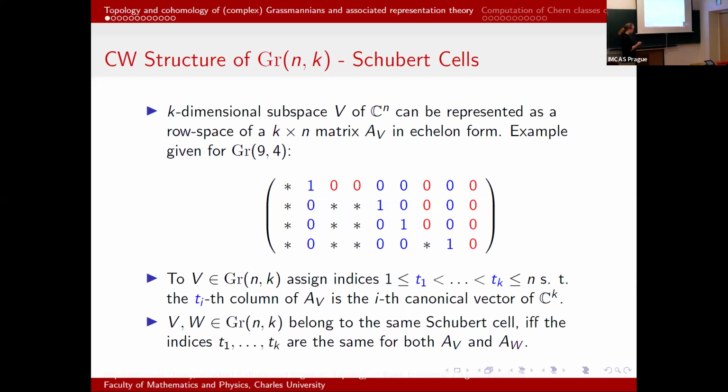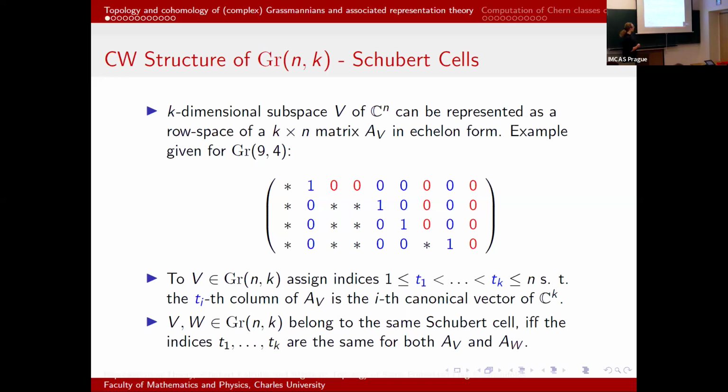If we have two k-dimensional subspaces of C^n, we can sort them into equivalence classes based on whether they define the same strictly increasing sequence t1 up to tk for the matrices A|B and A|W. We call these subsets the Schubert cells.